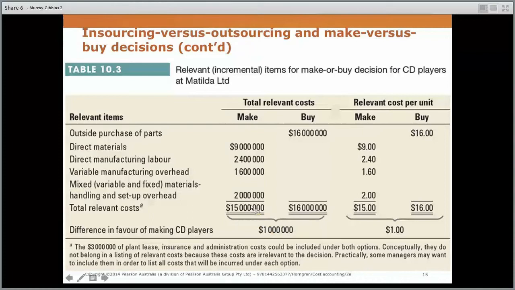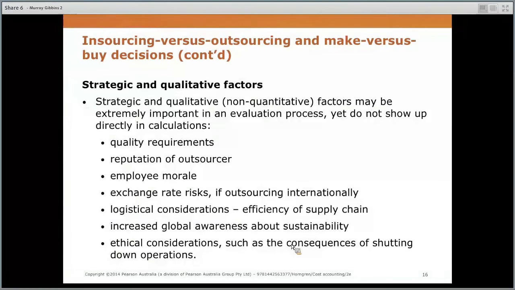Yes, you could put them in both, and the bottom line will be the same, we'd still decide to make. Some people are interested in putting them in both just to show the true cost of making the product. But in terms of the decision, it really doesn't matter if you leave them out of both or put them in both. You're going to come up with the same conclusion.